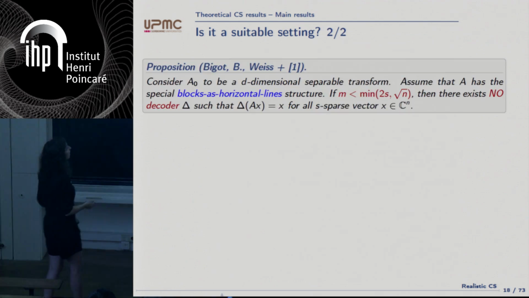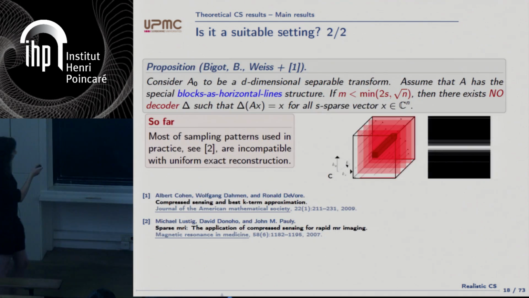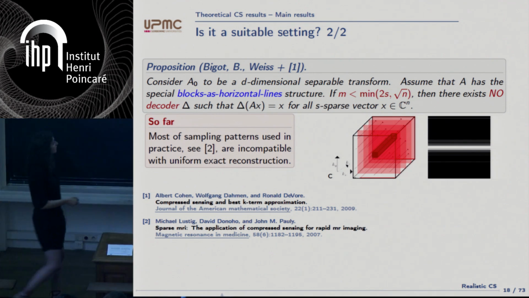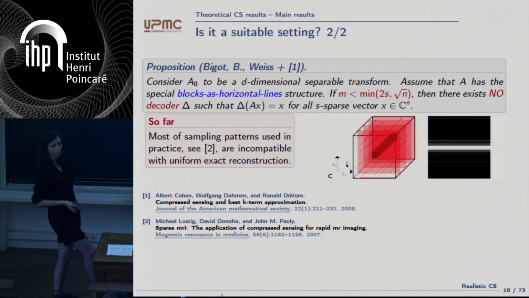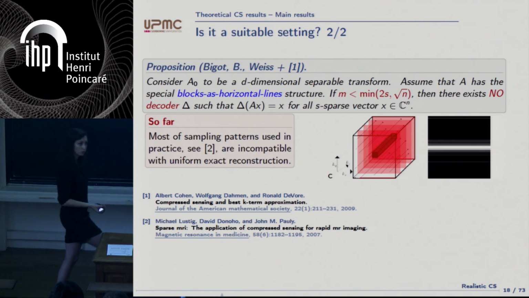So in this paper of Lustig, Donoho and Pauly, they sell compressed sensing by drawing lines here in a 3D case. Actually, you can show that if you structure the acquisition like this, then you will be incompatible with uniform exact reconstruction. Okay? You can construct a counterexample that you will never manage to reconstruct with such a sampling pattern.